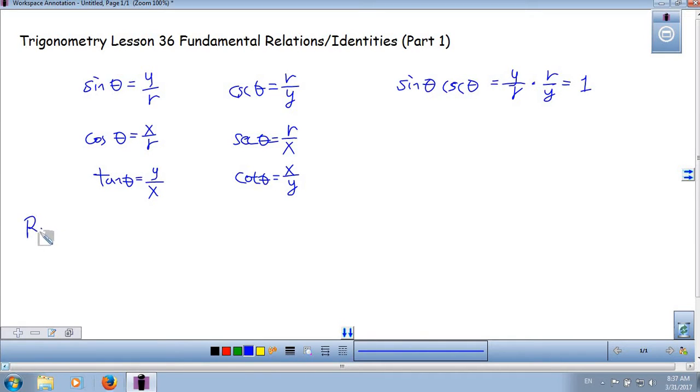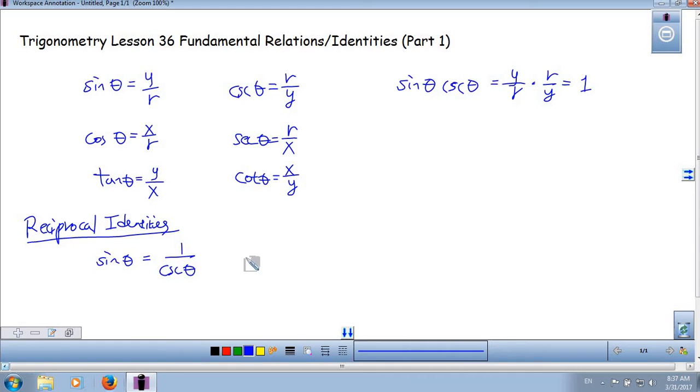This is very important. It's called reciprocal identities. There are several sets of identities we're going to be talking about today, and reciprocal identities will be the first one. You can see sine and cosecant are reciprocals. So we can write sine theta equal to 1 over cosecant of theta, because when they multiply each other they equal 1, I can divide by cosecant theta on both sides.